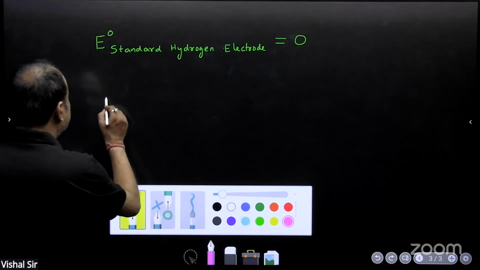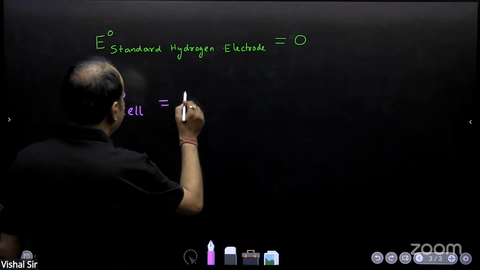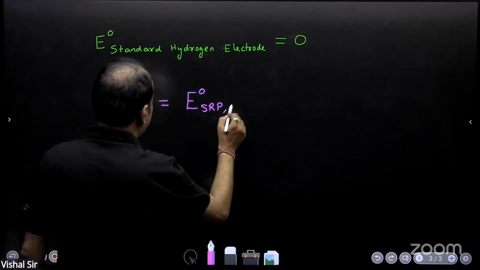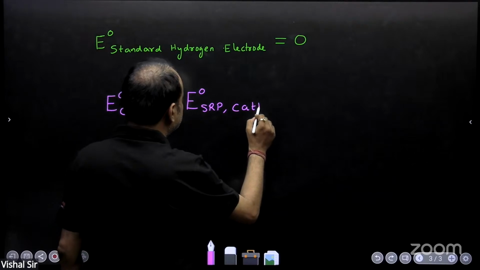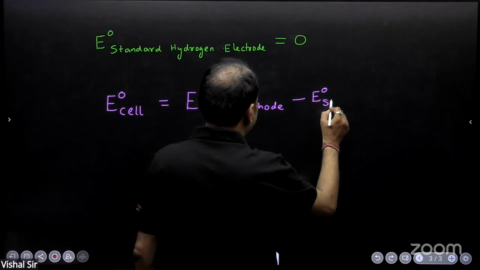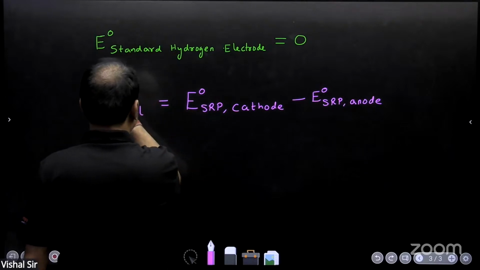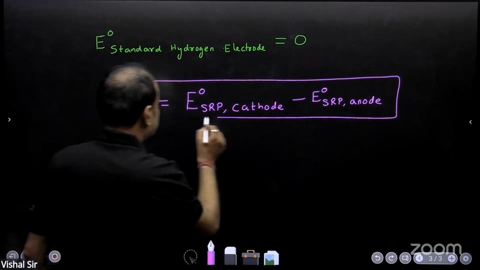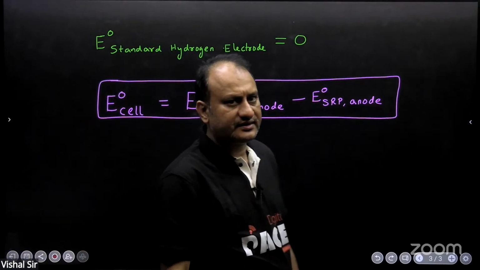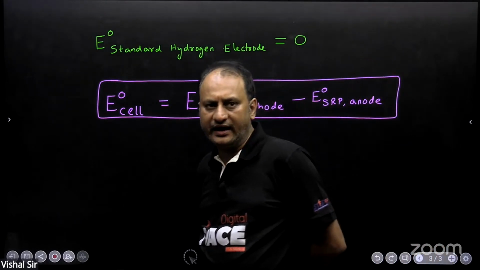And this brings us to the main formula, that E naught of any galvanic cell is given as E naught SRP cathode minus E naught SRP anode.